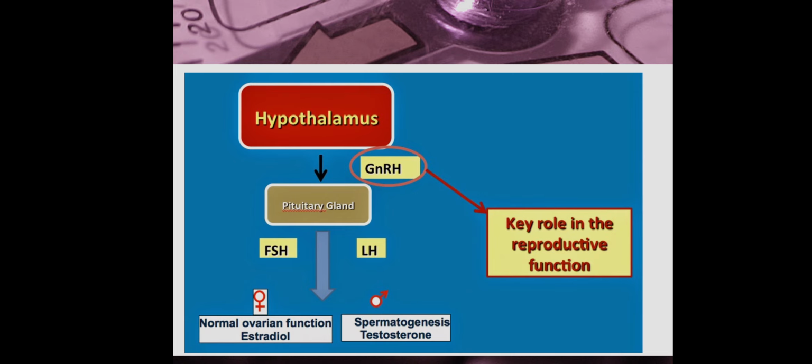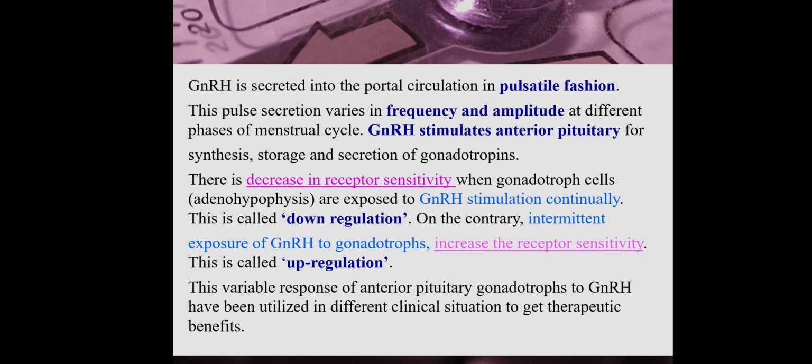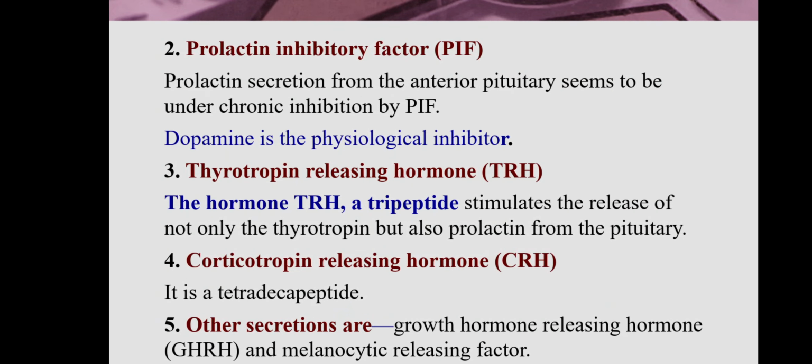Now coming to this part. Next is the prolactin inhibiting factor. As I have told you, the hypothalamus releases different factors. One is the GnRH, which we have studied in brief. Second is the prolactin inhibiting factor.